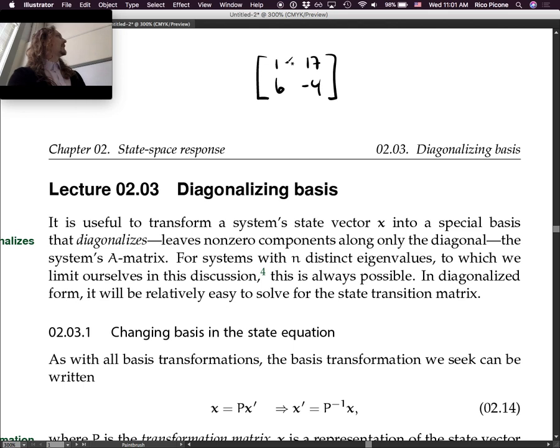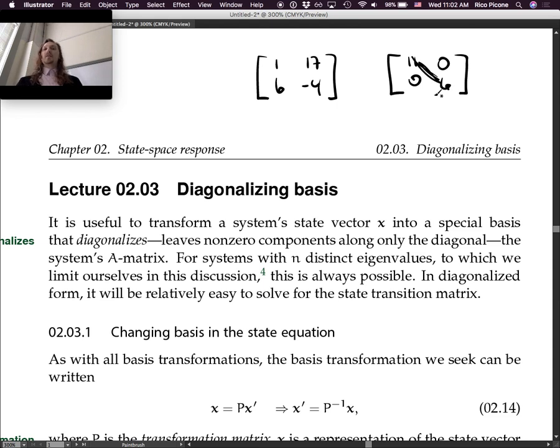A diagonal one, that's 2 by 2, might look like this. Okay, that would be a diagonal one. Only non-zero components are along this diagonal.